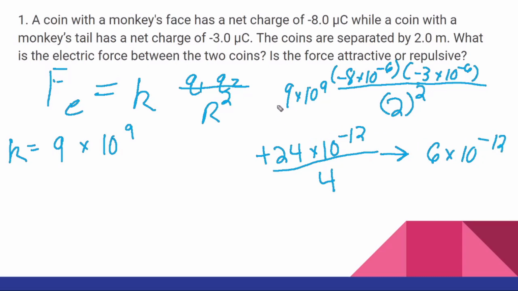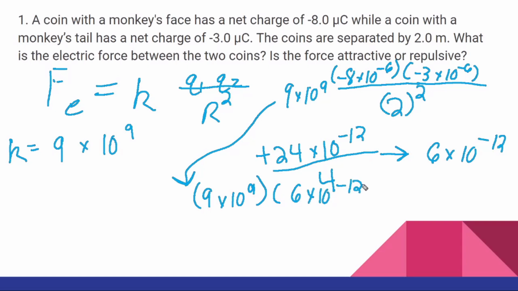Then from there, we have to multiply this with our value k, being 9 times 10 to the 9th, multiplied by 6 times 10 to the negative 12. 9 times 6, it's a very easy 54.